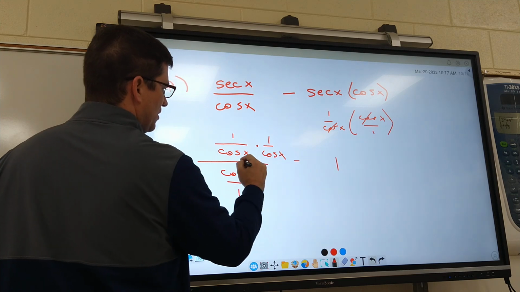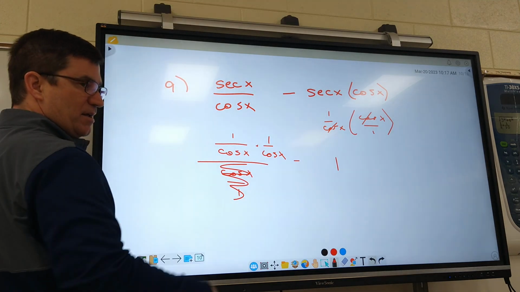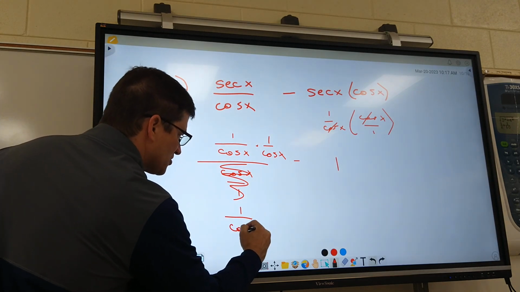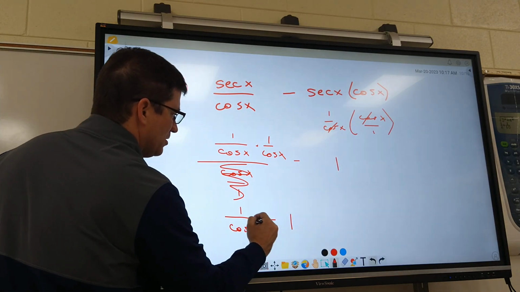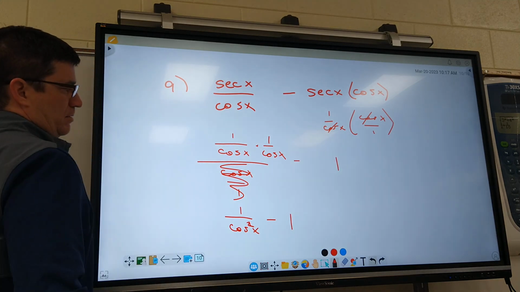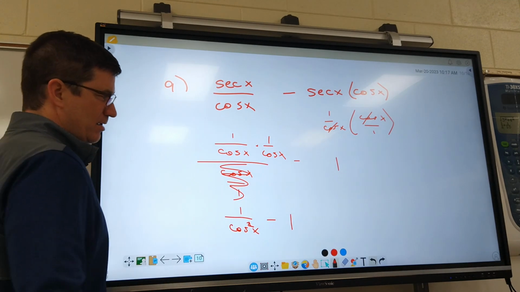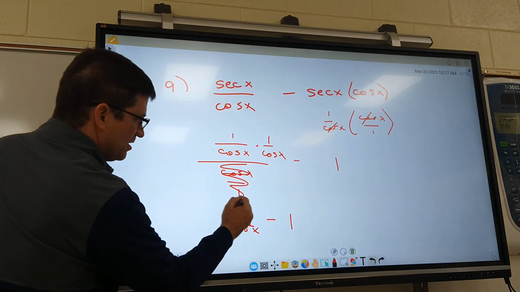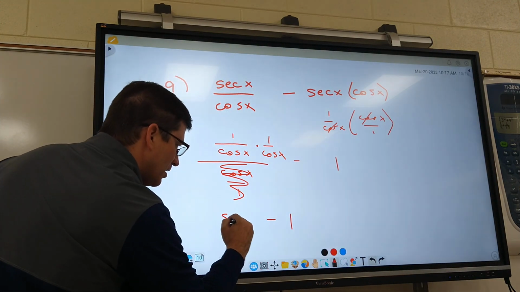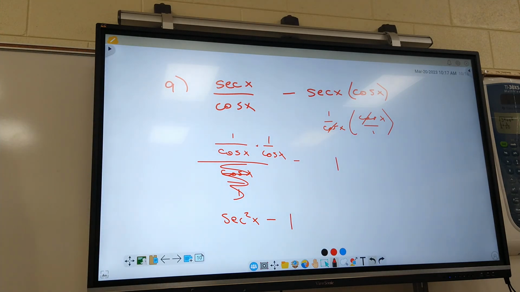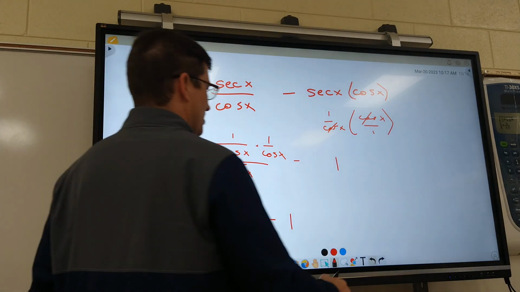Now look, nothing cancels out, does it? So what I've got is 1 on top, cosine squared on the bottom, minus 1. Now can I change 1 over cosine squared into anything? I can change that to secant squared, so I'm going to erase it. I now have secant squared minus 1, which is probably a formula. Tangent squared. Answer is tangent squared.